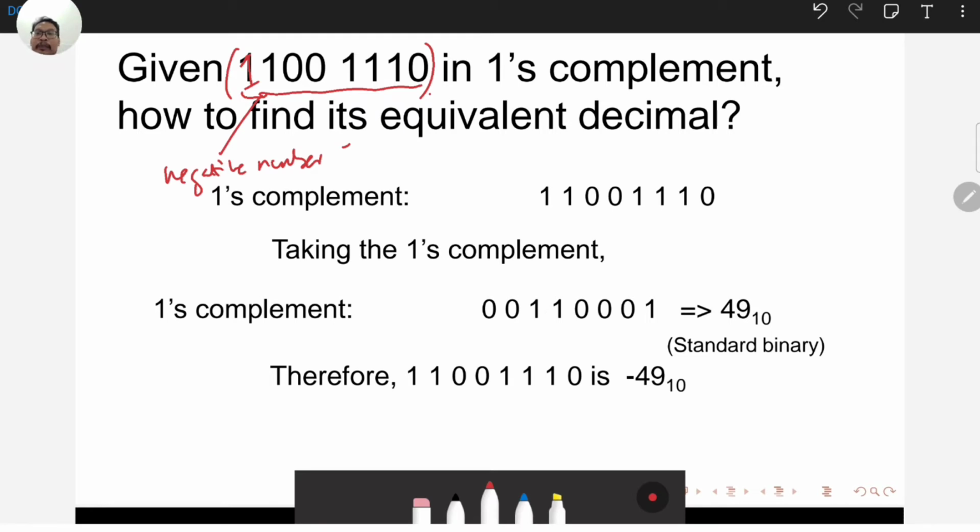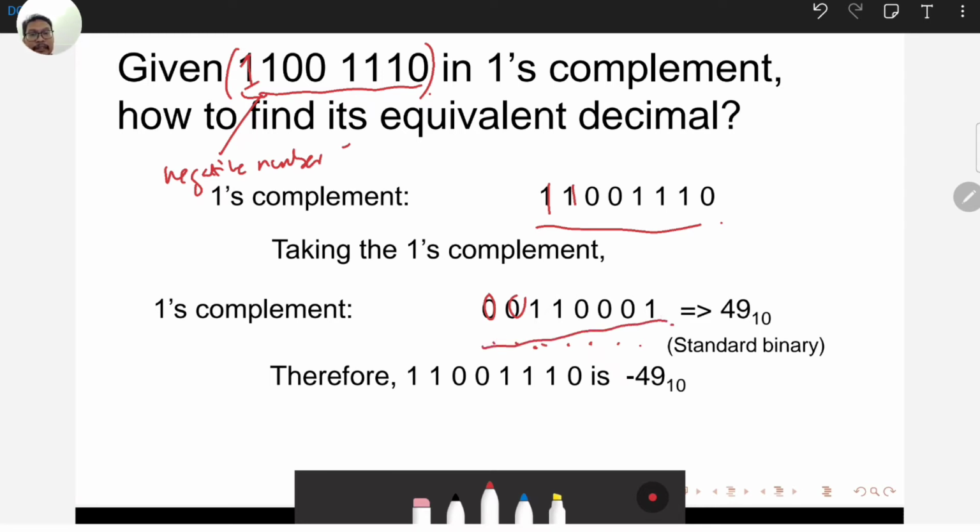But what is the magnitude? We know it's a negative number. What is the actual number? So what we need to do is take the binary and flip every bit in 1's complement. So this one here becomes 0, this one here becomes 0, and so on. Then we see what is the magnitude of the whole number.